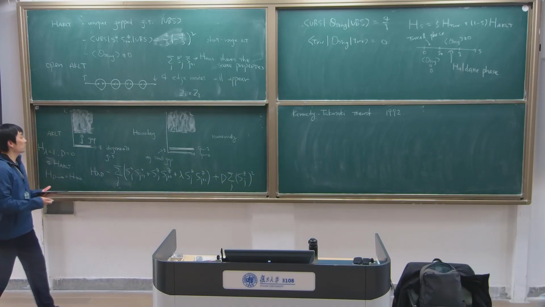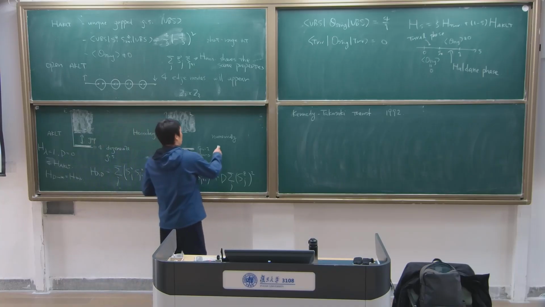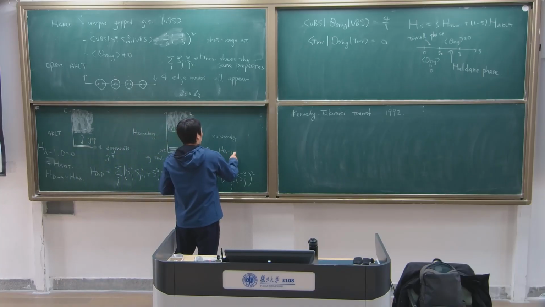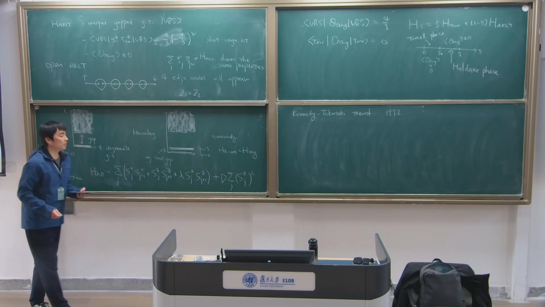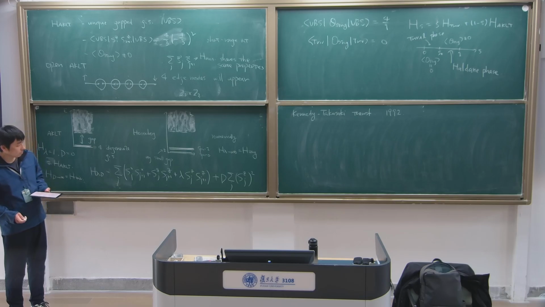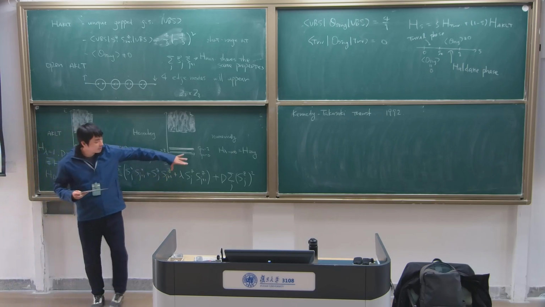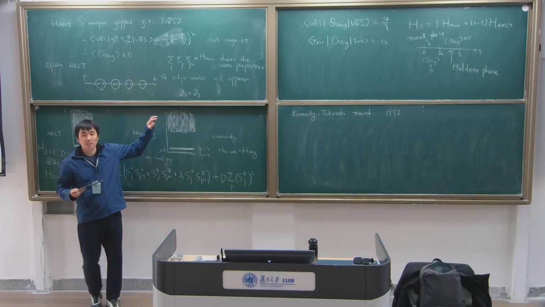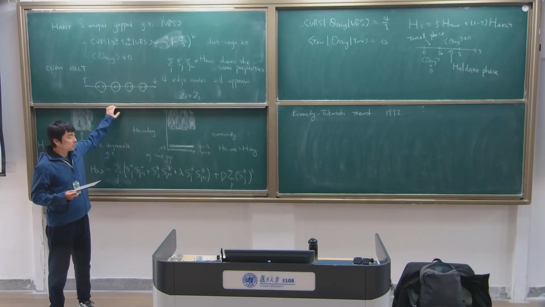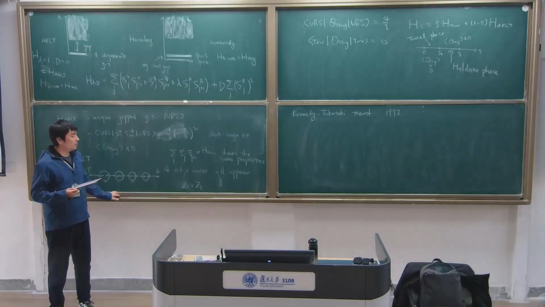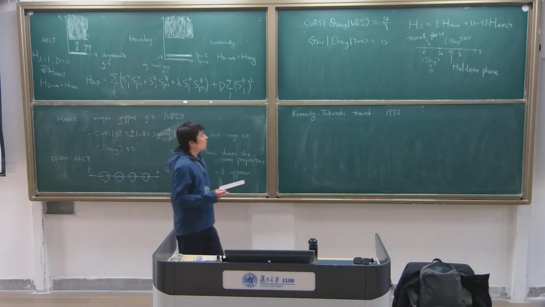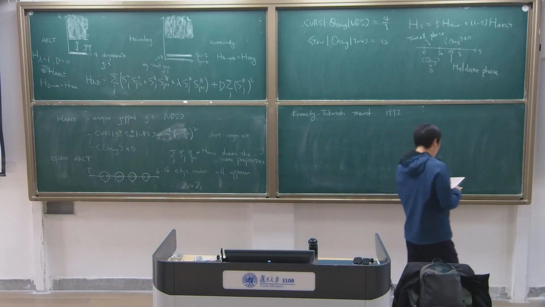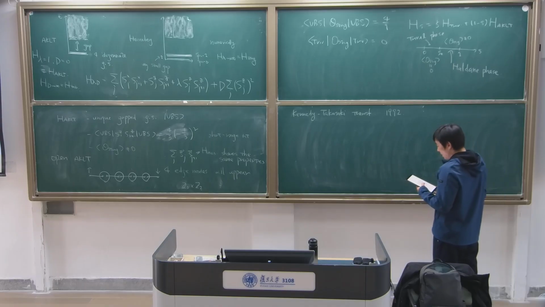On the other hand, when you set lambda to infinity, this becomes the Ising model, anti-ferromagnetic Ising, because if you only look at this term, it's really the Ising model.